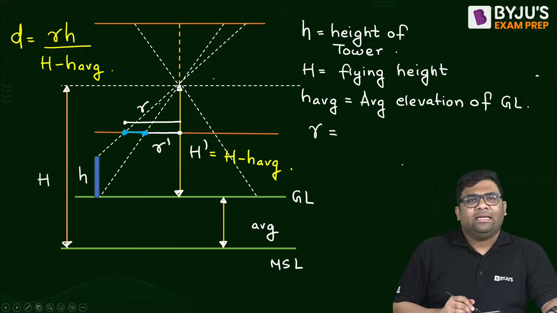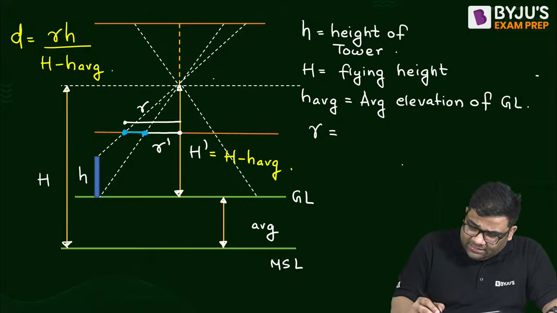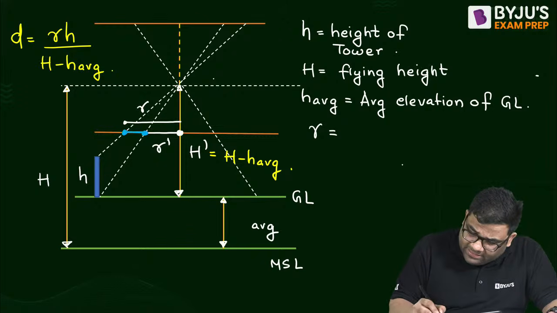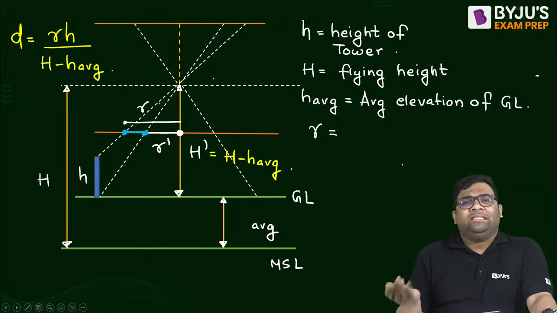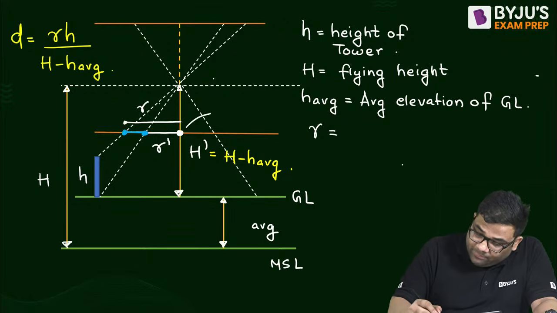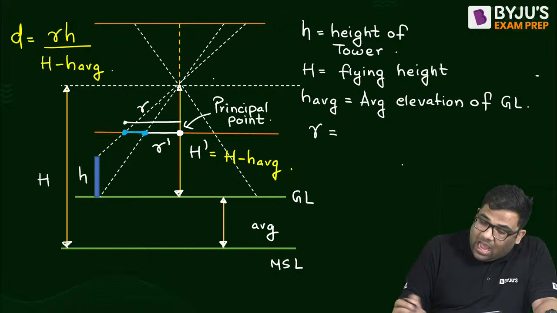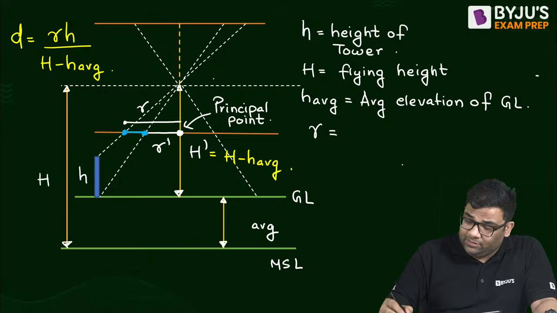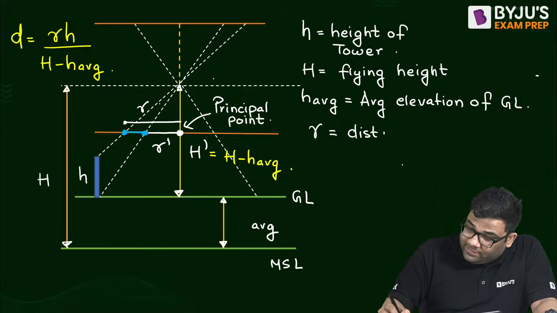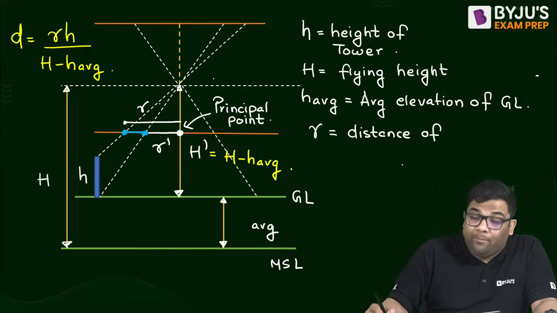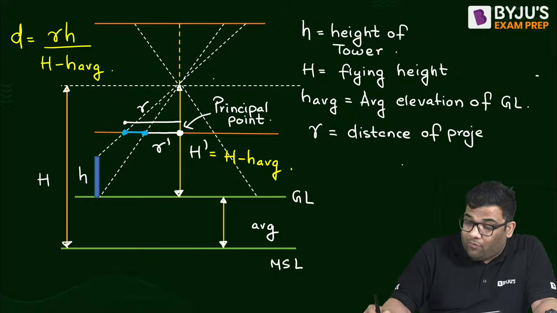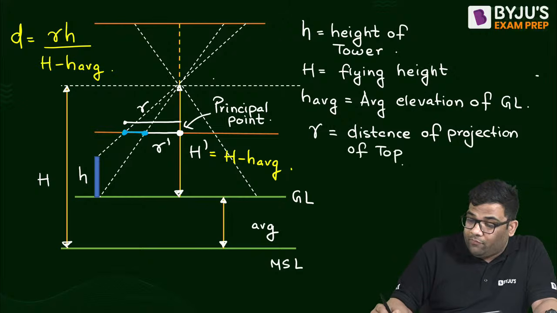Suppose I am calling this the principal point on the picture, the center point of the picture. So can I say R is the distance of the projection of the top from the principal point? Yes or no?